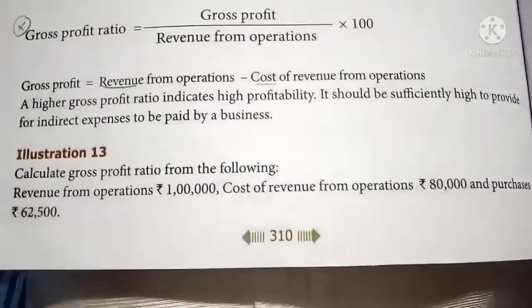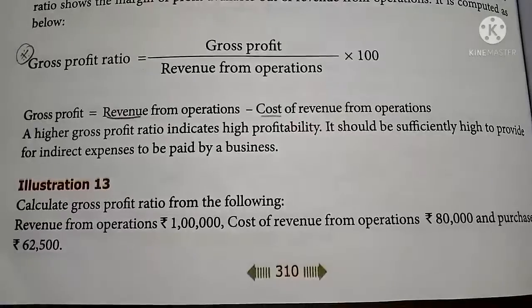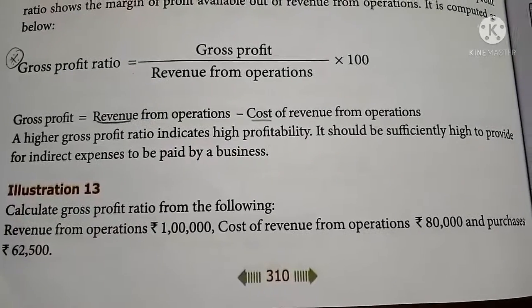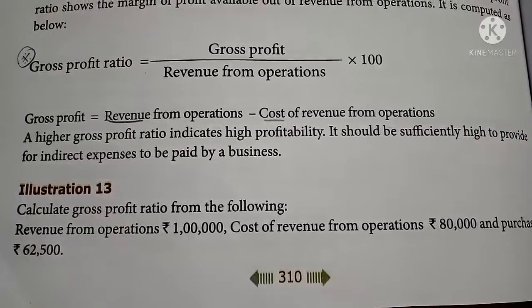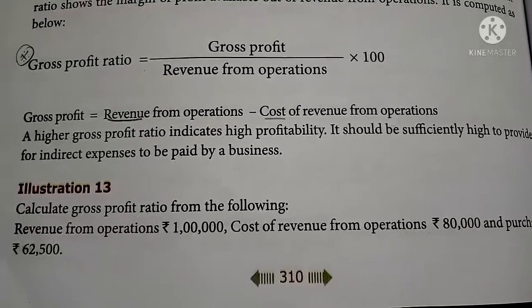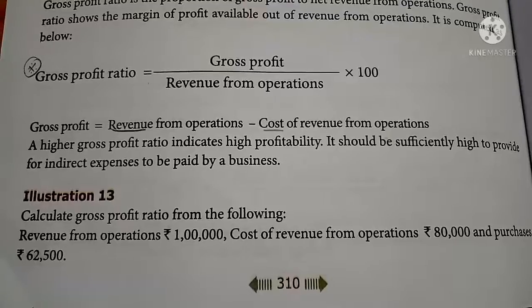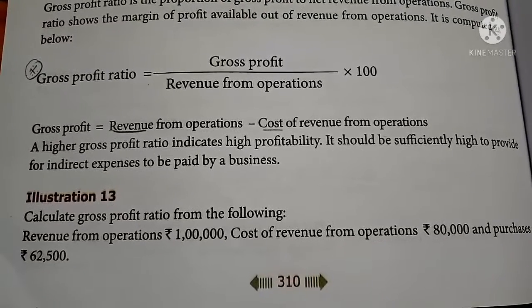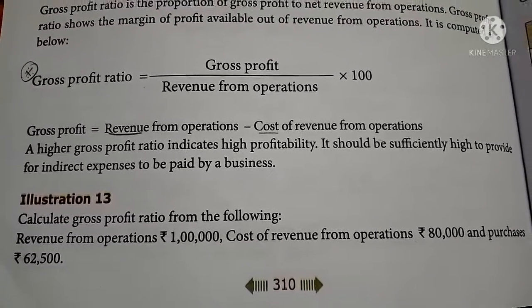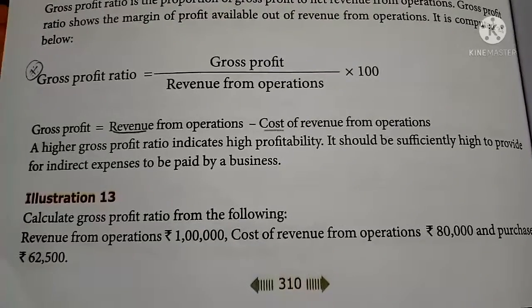In this example 13, they are asking to find the gross profit ratio from the following: revenue from operation is 1 lakh, cost of revenue from operation is 80,000, and purchases 62,500. With these values, we should find the gross profit ratio.